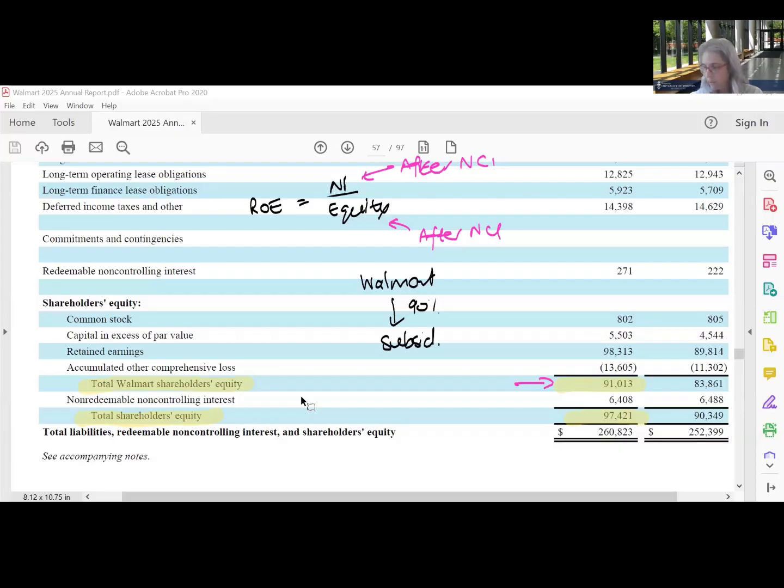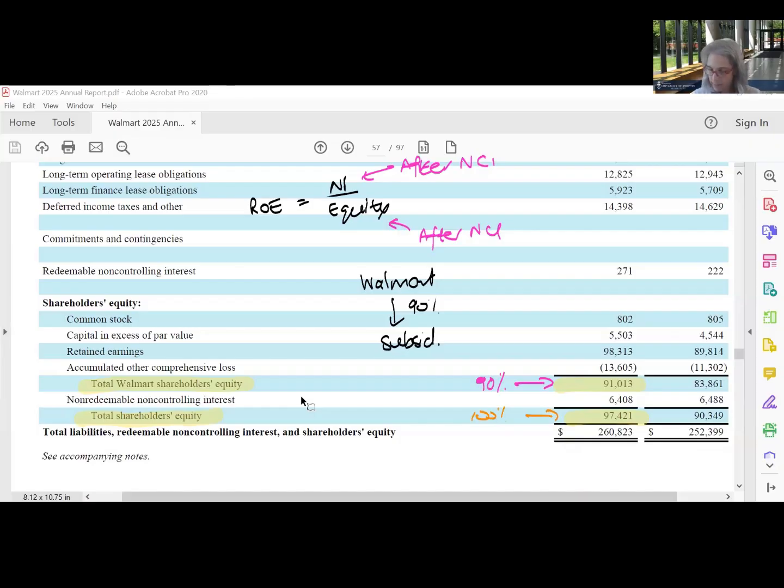So you can see that is smaller than the 97. So the 97 is at the 100% level. So the 91 is at the 90% level, which is excluding the non-controlling interest. The 97 is at the 100% level. So we want to compare 90% with 90%.